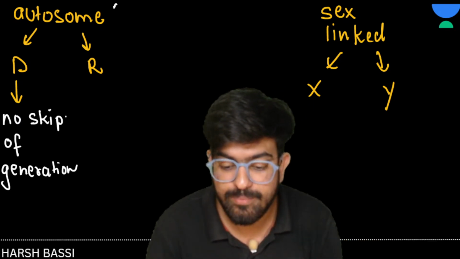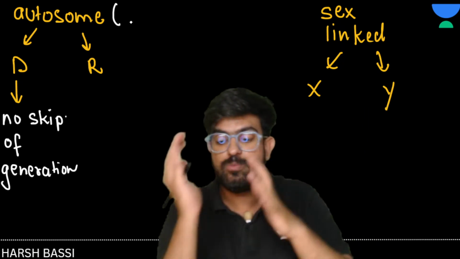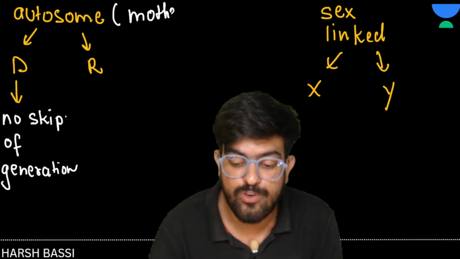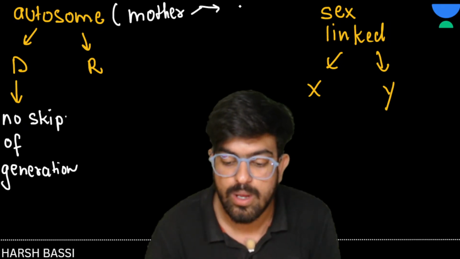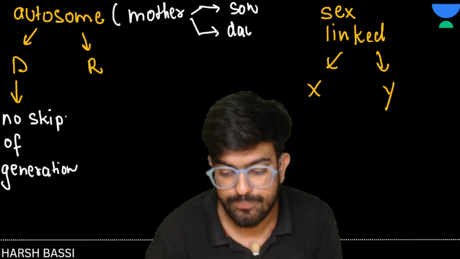Okay. Now one more thing, if you want to differentiate between autosome and sex linked, so in autosome the disease from the mother will go to son also and will go to daughter also.